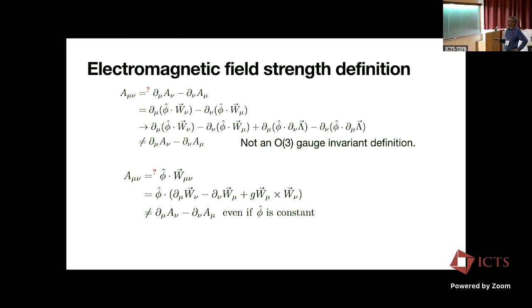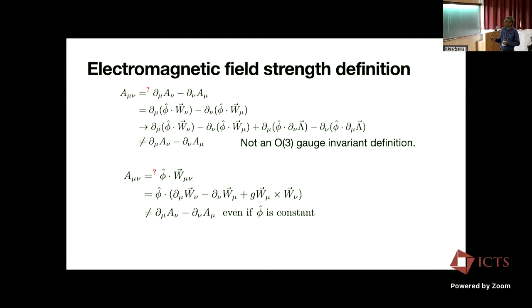But the point is that if you do a gauge transformation, then you would hope to get the same thing, but you don't. The reason is that the d_mu acts on the phi hat as well. If your phi hat is changing in space, then you get derivatives of phi hat, and they spoil the gauge invariance of this. Actually, maybe it's okay.